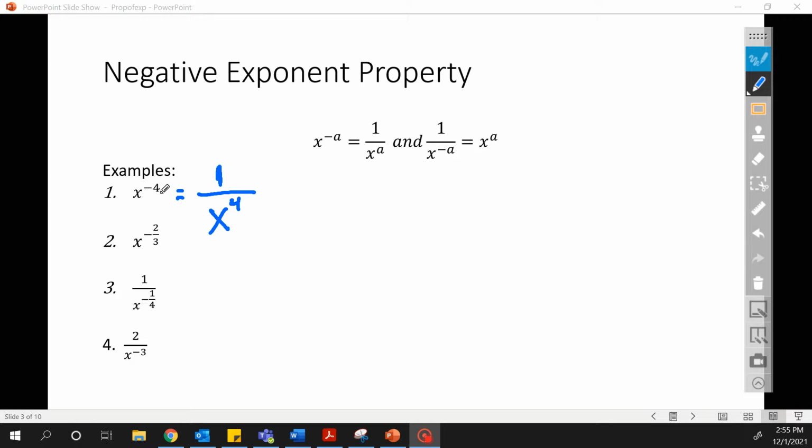So x to the negative 4 is the same as 1 over x to the positive 4. x to the negative 2/3, that's in the numerator. To make it positive, we need to put it in the denominator. So 1 over x to the positive 2/3 power.